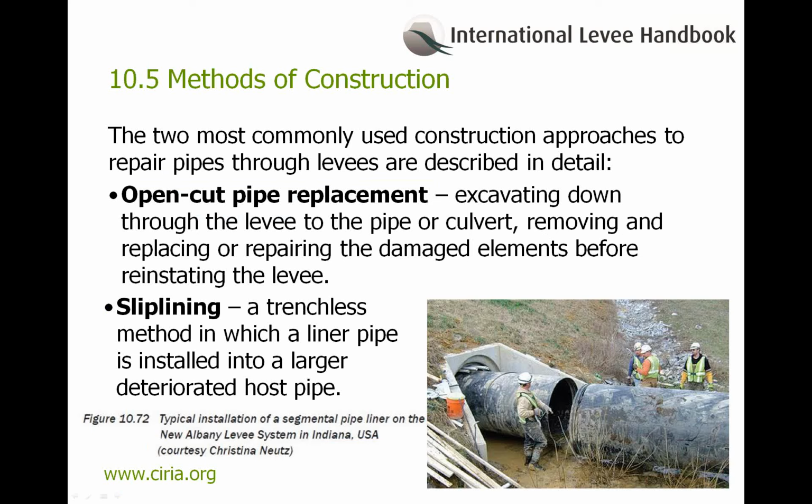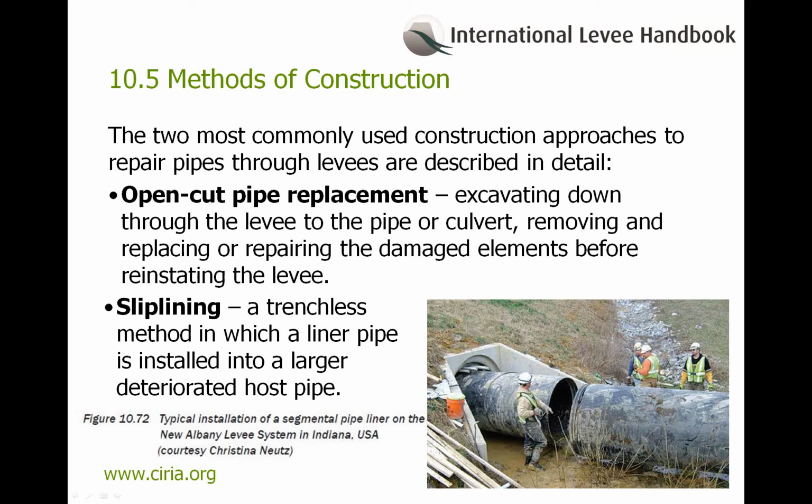The last subsection of Section 10.5 discusses in detail the two most commonly used construction approaches to repair pipes and culverts through levees. Open-cut pipe replacement involves excavating down through the levee to the pipe or culvert, repairing or replacing the damaged elements, and then reinstating the levee. It is the most intrusive way to rehabilitate a failing pipe system.